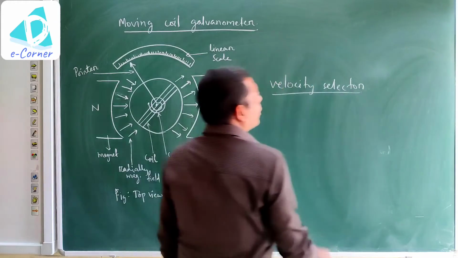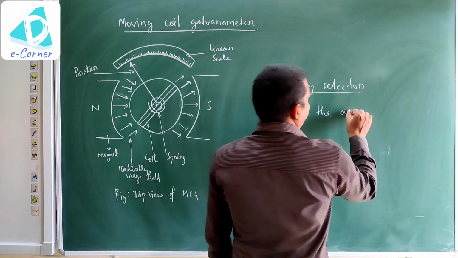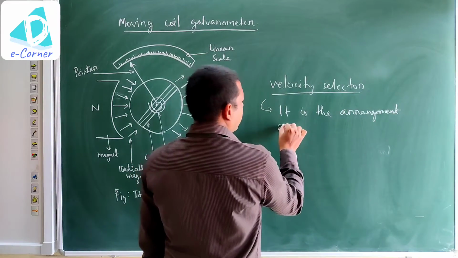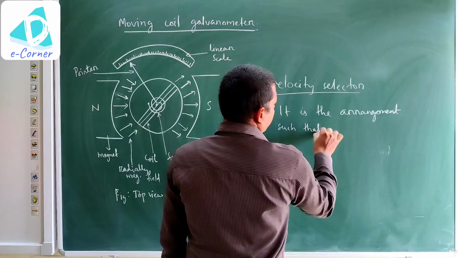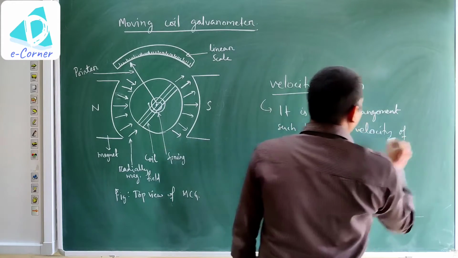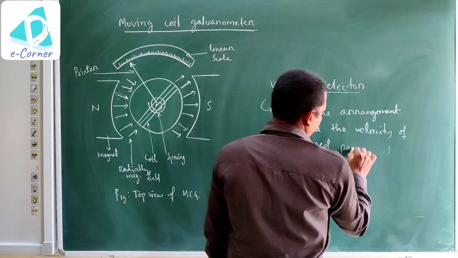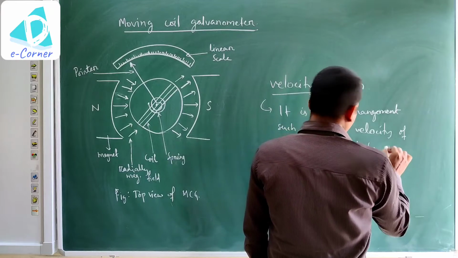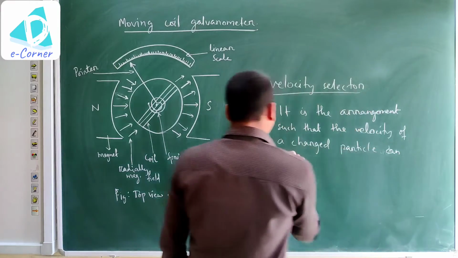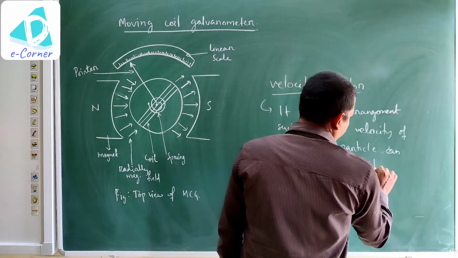Velocity selector. It is one of the arrangements such that the velocity of a charged particle can be selected to hit the target.